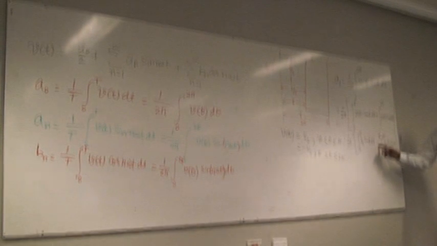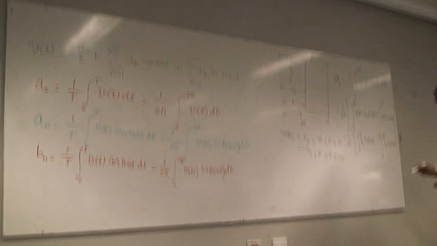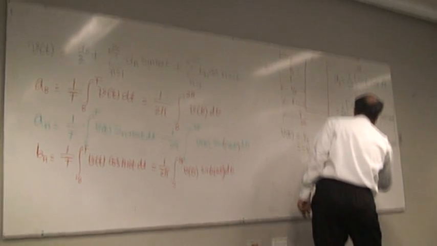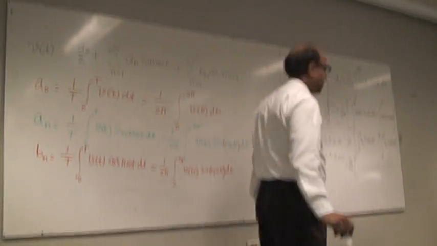This is minus, so it came minus here. So that gives you 1 by 2 pi. Actually, we can take out Vs, isn't it? So Vs by 2 pi. So first one is sin theta d theta.